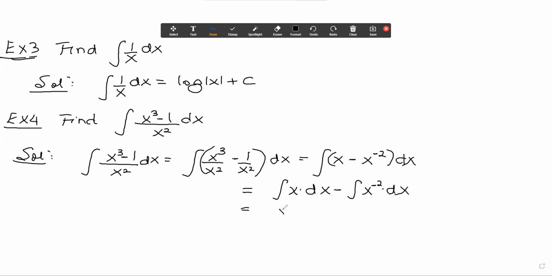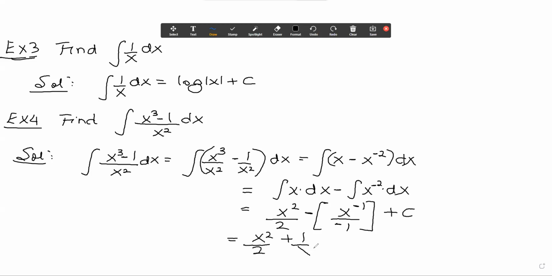Integration of x will be x to the power 1 plus 1 upon 1 plus 1, minus x to the power minus 2 plus 1, which is minus 1 upon minus 2 plus 1, which is minus 1, plus c. So this will be x square by 2 plus 1 upon x plus c. So this is my answer. X square by 2 plus 1 upon x plus c.